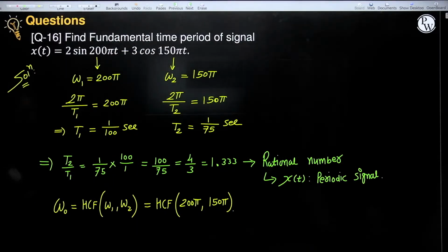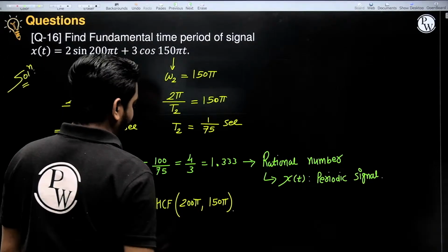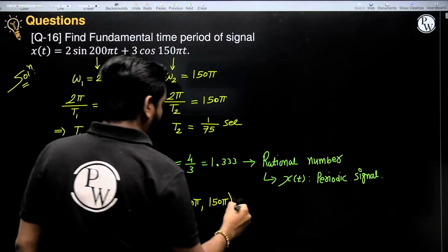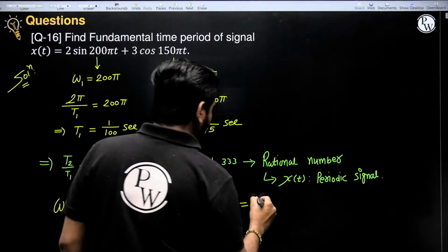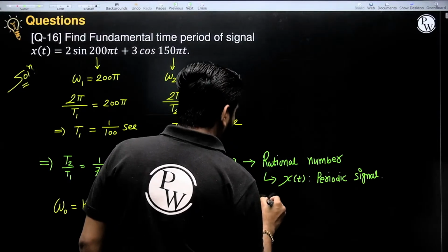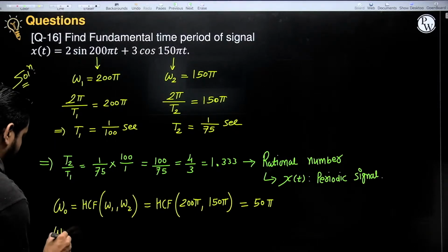So what is the highest common factor here? The highest common factor is nothing but 50 pi. Correct? The HCF of 200 and 150 is 50, with the pi. So the fundamental frequency omega 0 is 50 pi radian per second.